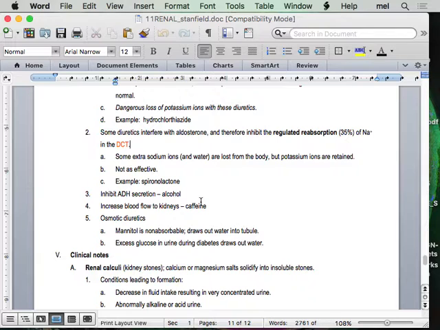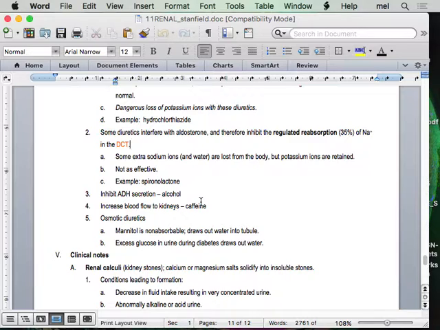And the last one, what about those water loss pills? I'm trying to remember the name of those that you can take over the counter for PMS and water retention. Midol has it in there, and there are other ones. Anyway, I can't remember. So there are these over-the-counter water loss pills which sometimes women take when they're PMSing and really retaining water. They're kind of interesting because they get filtered out, but there's no reabsorption mechanism.